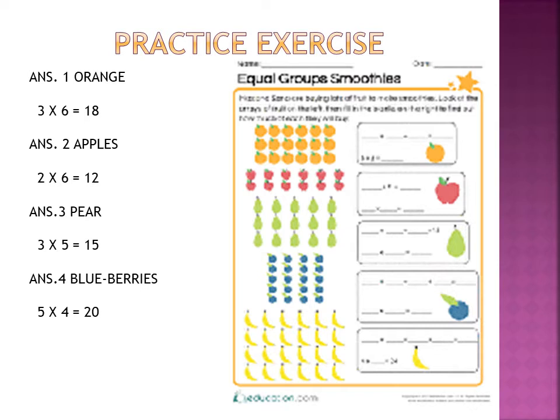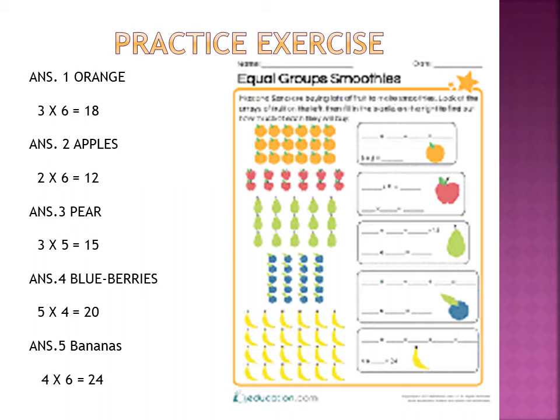Moving on to the last part, which is bananas. We have 6 bananas in a single group or single row. How many bananas are there in all 4 groups?